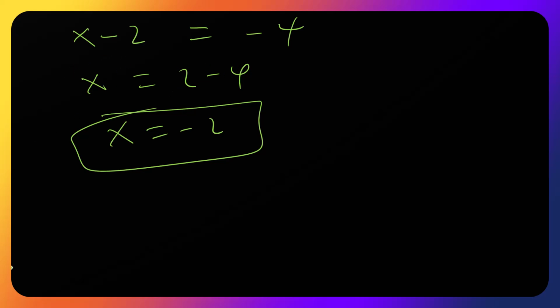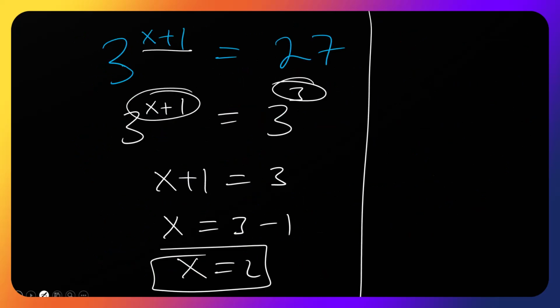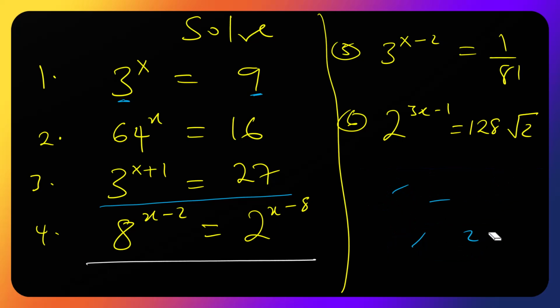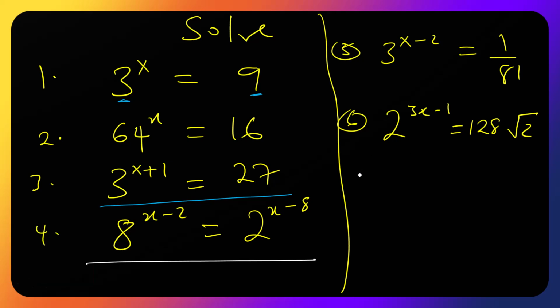All right. Now let's look at the last example. So we have this 2 to the power of 3x minus 1.